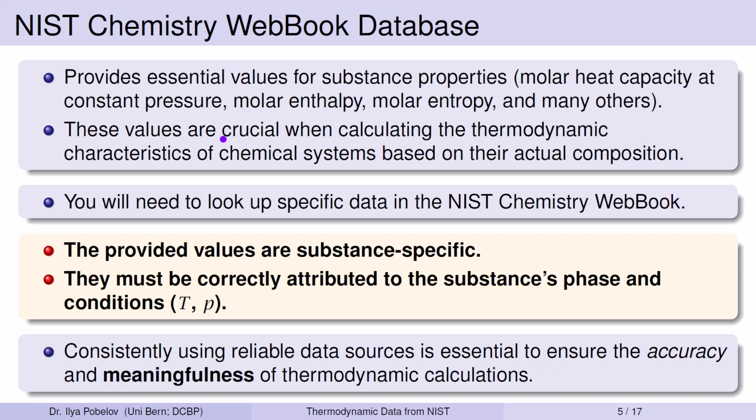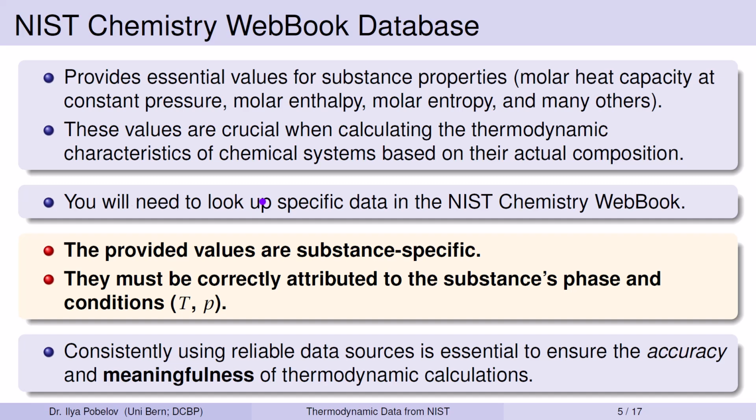I strongly encourage you to familiarize yourself with navigating the NIST database. It will not only be indispensable for this course, but might also prove useful in your further studies and professional activity.